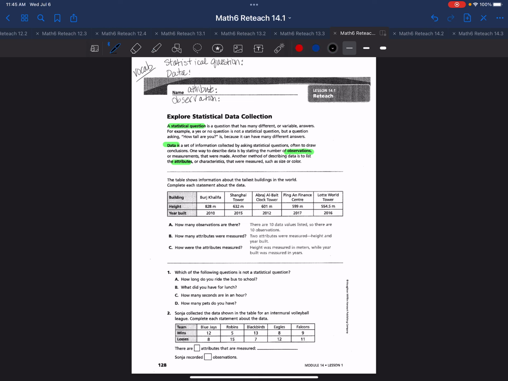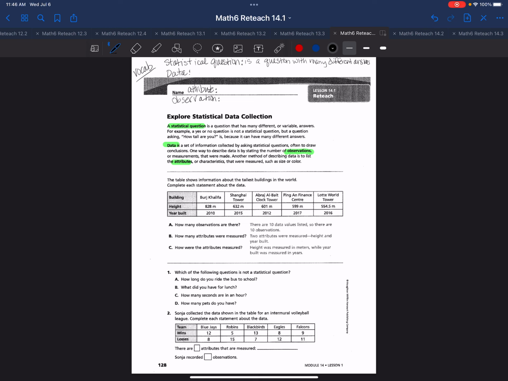Your statistical question is a question with many different answers. A statistical question also can be answered by looking at the data.